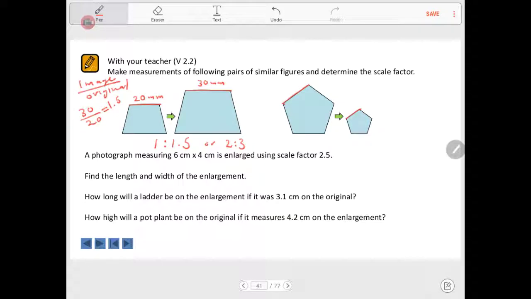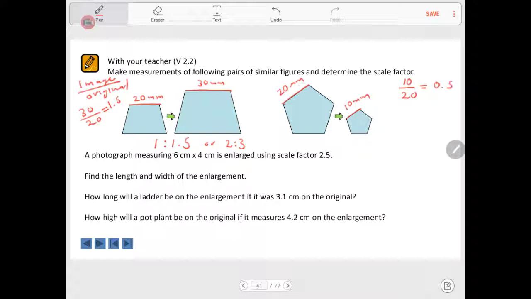Right, now on the pentagon example, clearly we've got some shrinking down occurring. So I've measured this at 20 millimeters, and here 10 millimeters. So the image is at 10, and we divide that by 20 for the original, and we get a half, 0.5.